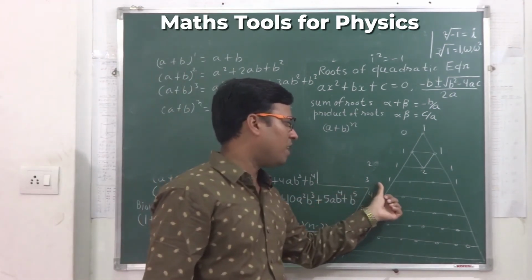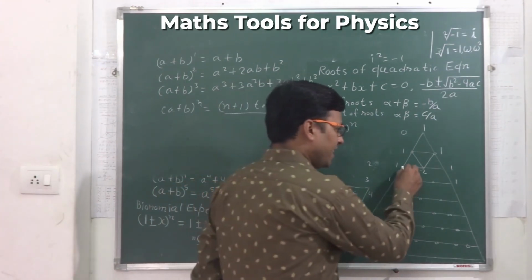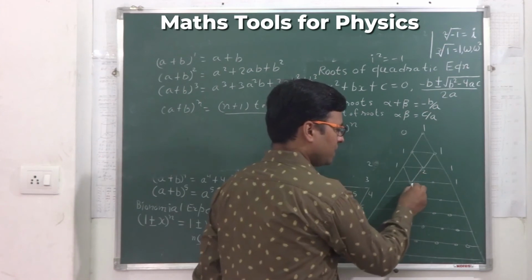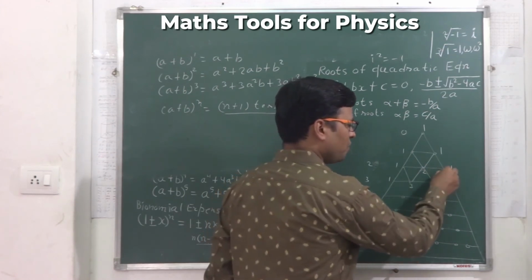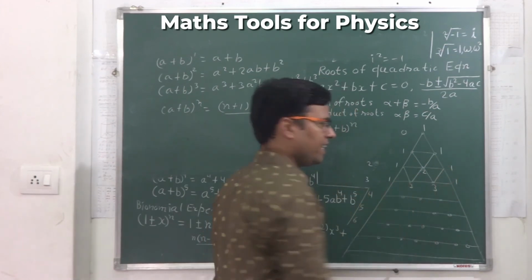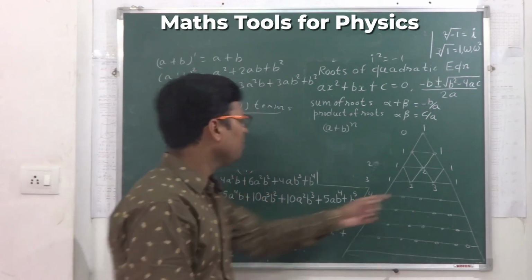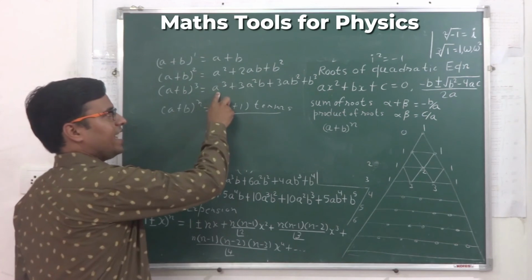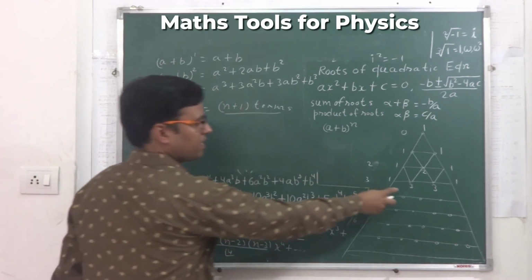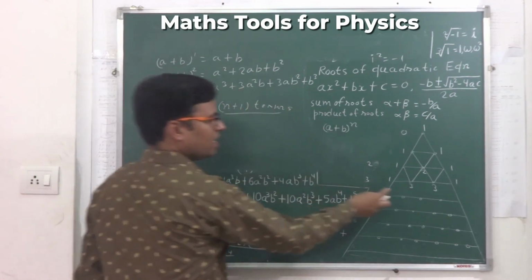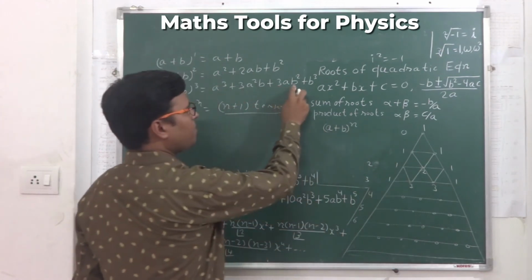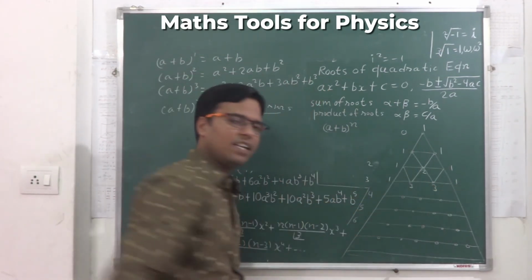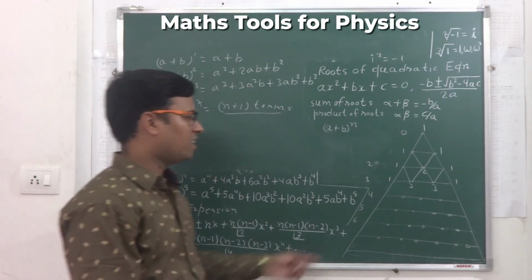Now, for the power of 3, you can get these terms by adding 1 plus 2 equal to 3, then 2 plus 1 equal to 3. You can easily see here that it is a cubed plus the term 3a squared b, the term 3ab squared, and the last term b cubed with multiplication factor 1.